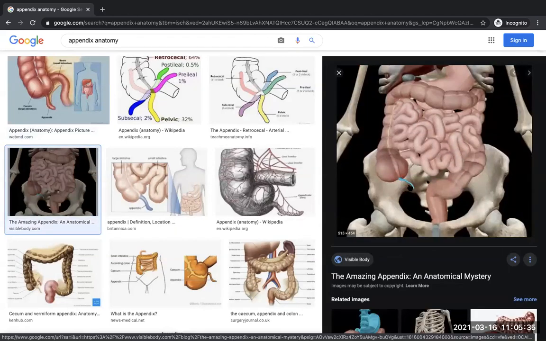It looks like a worm. And they don't know what the function of this appendix is. It has no function, basically, as what they've been saying. What's in here is basically poop. So it's poop there. And if this appendix bursts, it can cause infection and eventually death if it's not taken care of. Anybody have it removed? Appendix, maybe?